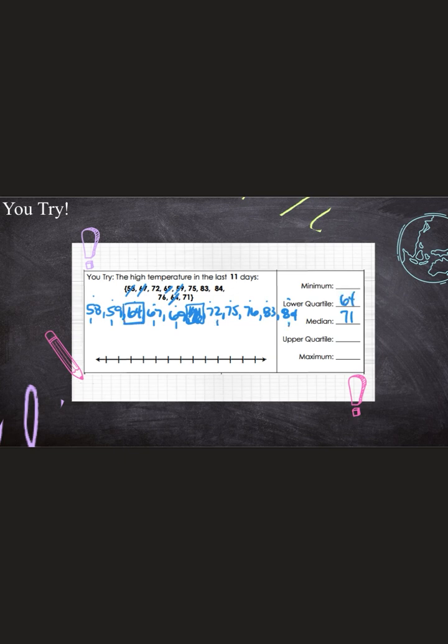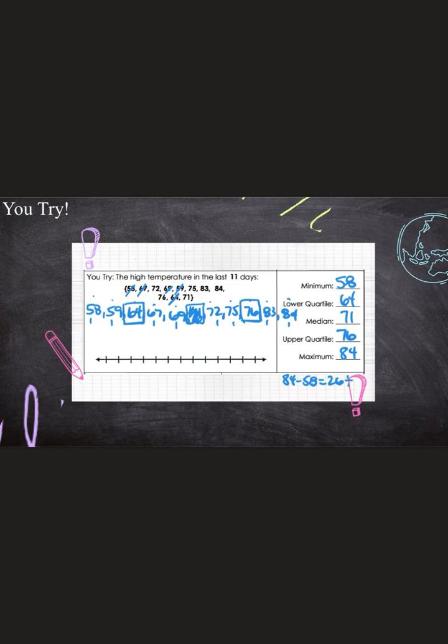And in the upper quartile, I have 76. And then my min was 58. My max is 84. If I subtract those again, I believe I get 26 again. So 84 minus 58 is 26.